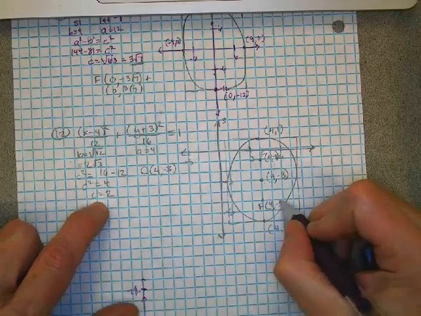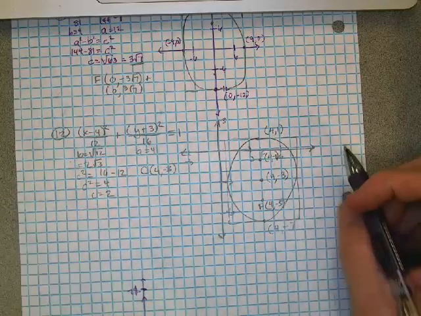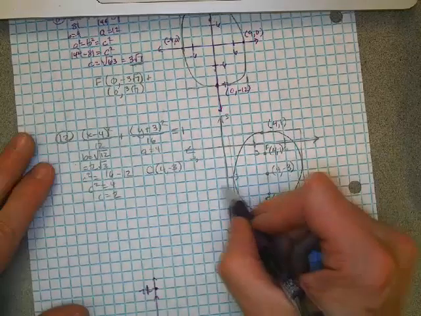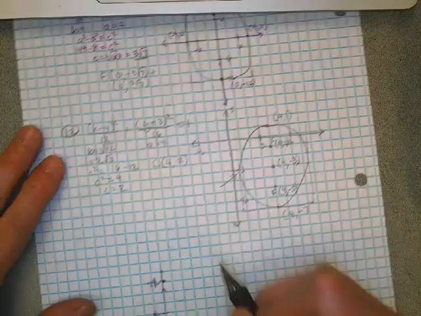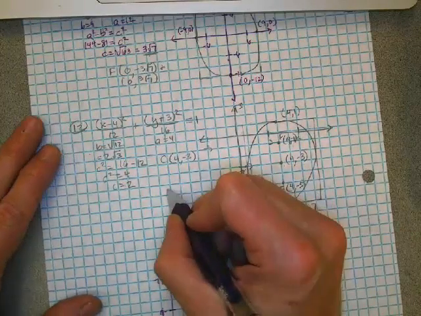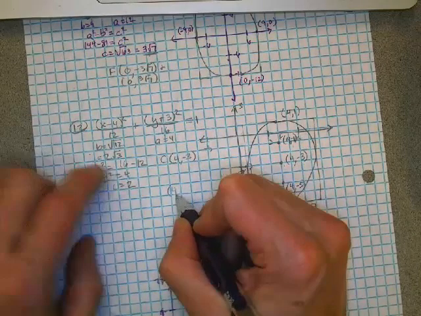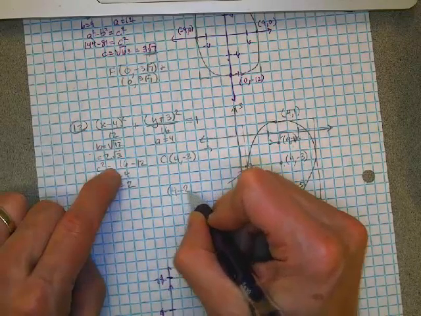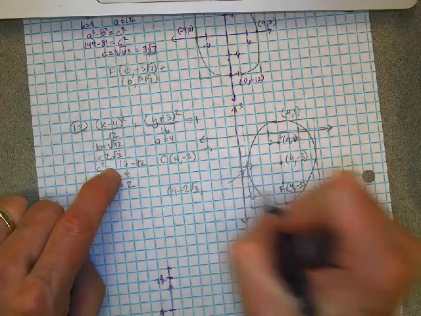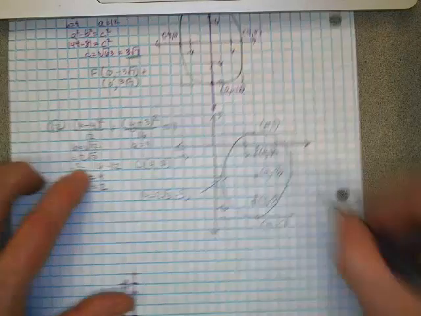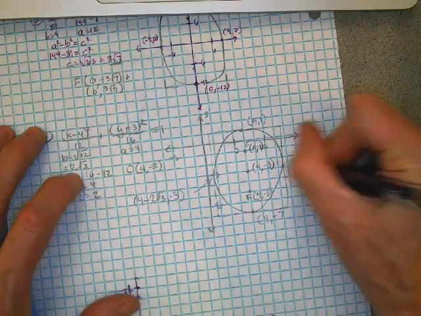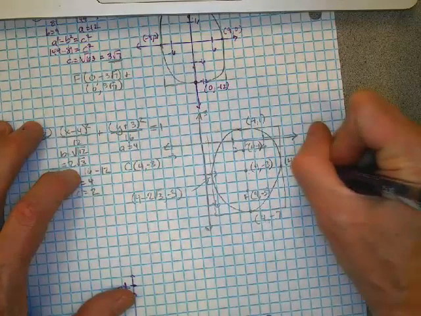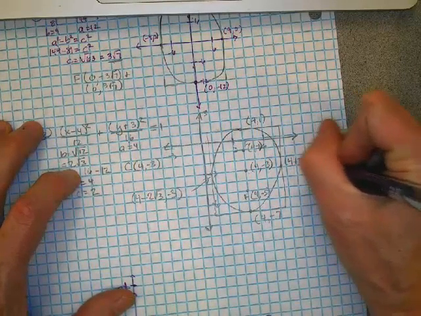And now I need to write the coordinates of these 2 minor vertices. So they're going to be 4 minus 2√3, -3. And this one would be at 4 plus 2√3, -3. And so there's number 12.